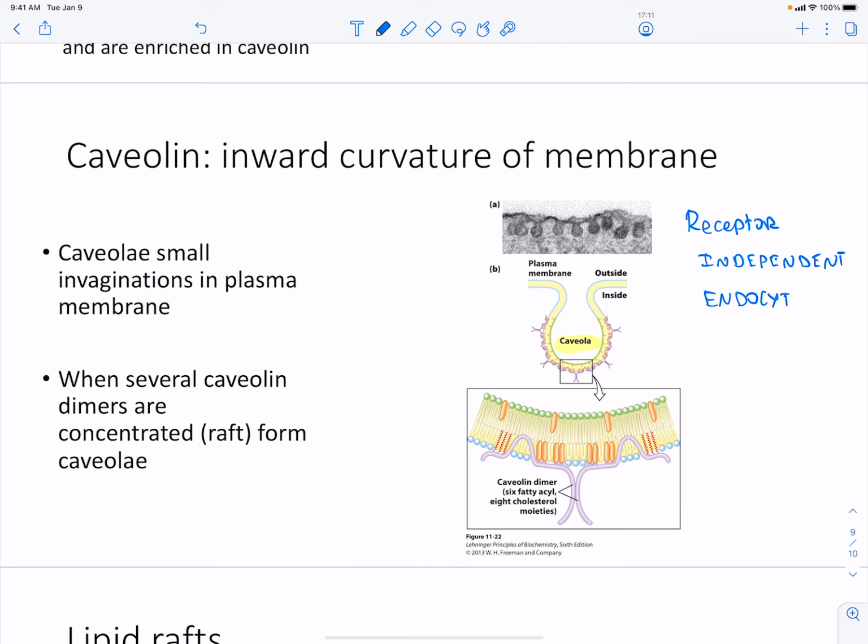Now, endocytosis is the uptake of something external. And they get taken up into a vesicle.